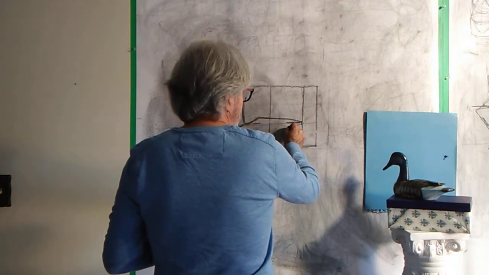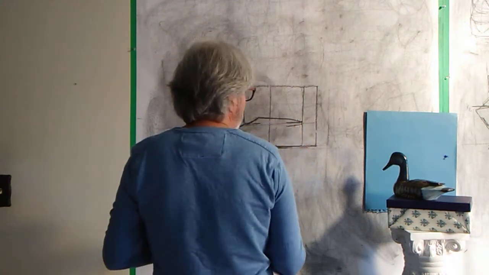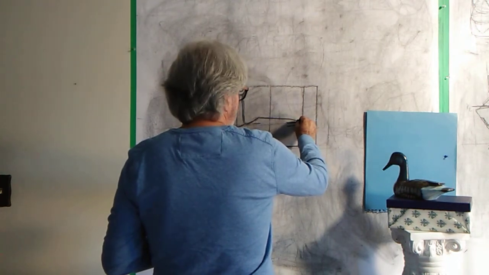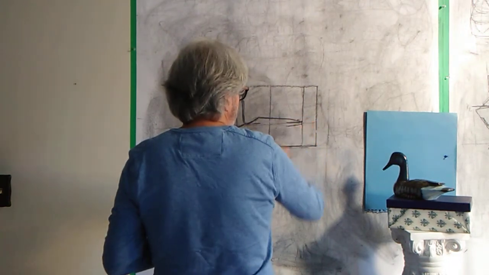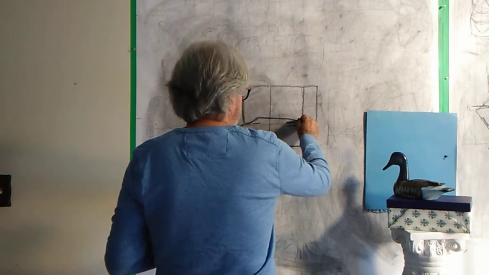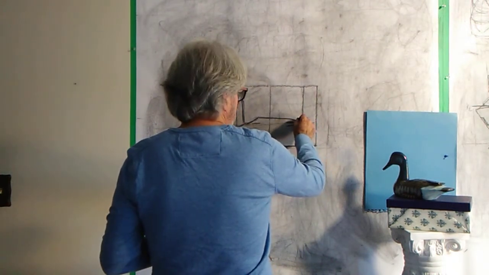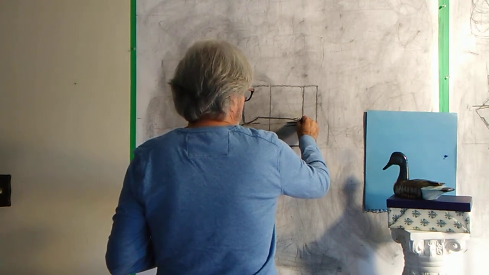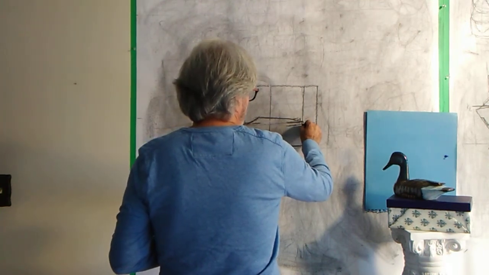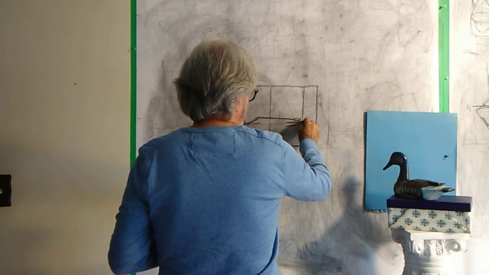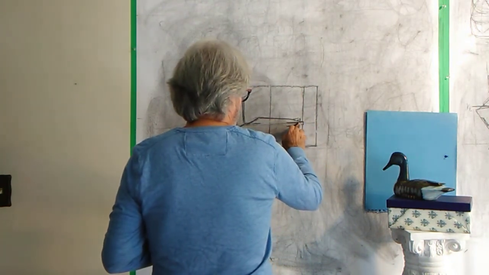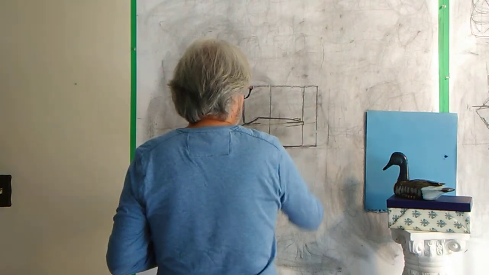I'm going to take a general line to pick up the other feather. And he's back there, not much, very subtle, and cuts at an angle back like this. So the other one's back in there like that.